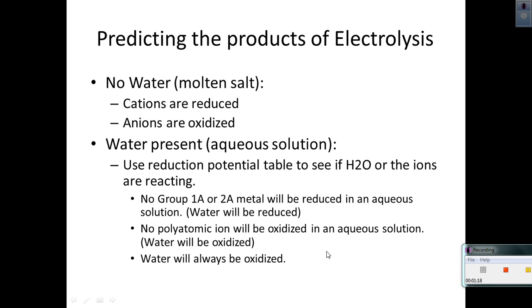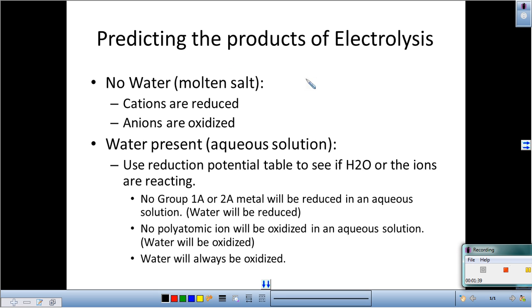So, how do you predict the products of electrolysis? Well, it depends on what you are putting in your cell. There are 2 different kinds of cells. There's a cell with no water, which means it has a molten salt, and that's just anything that is a salt, something like a cell that has molten sodium chloride.